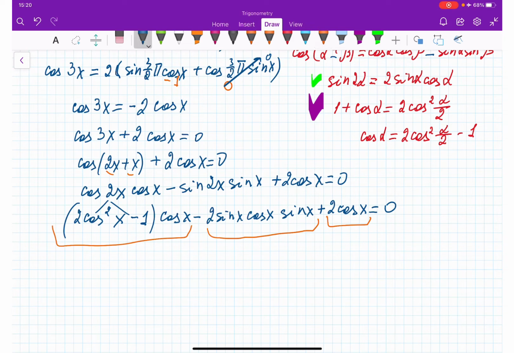Okay, let's take out cosine x. If I take it out, I will have 2 cosine squared x minus 1 minus 2 sine squared x plus 2, and that is all equal to 0. All right. So what's coming next?